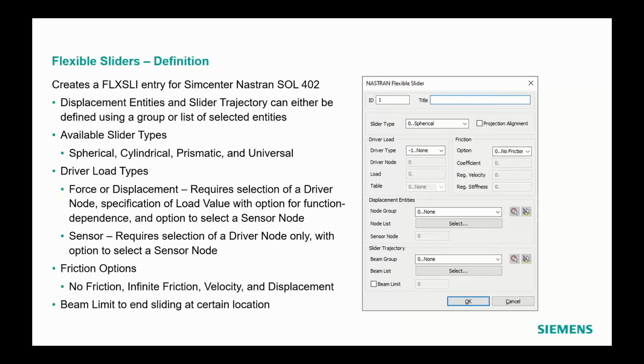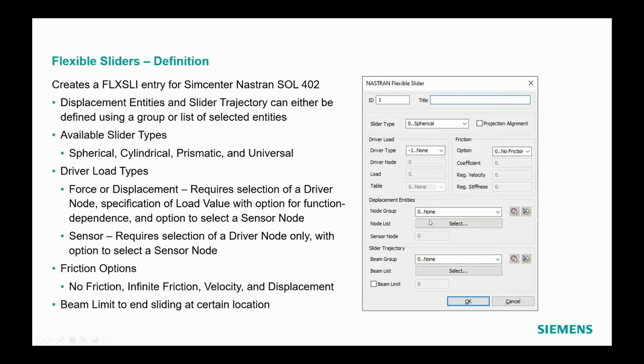So there are a lot of different options for the sliders as well. It seems very similar to the kinematic constraints or the kinematic joints. You can see you have spherical, cylindrical, prismatic, universal sliders, and then also force and displacement and sensed load types. And there's also options for friction along those sliders.